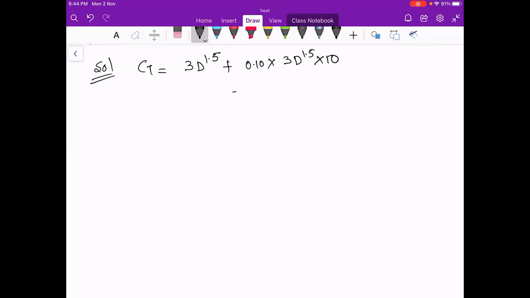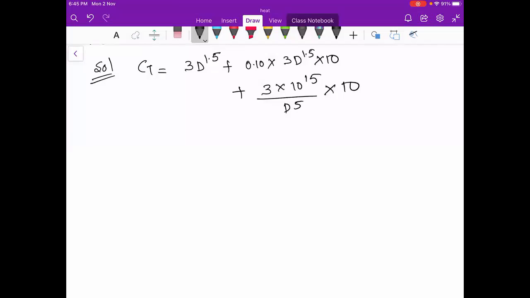Plus, what will be the value here? Annual operating cost is 3 into 10 to the power 15 upon d to the power 5 into 10. This is the total cost.